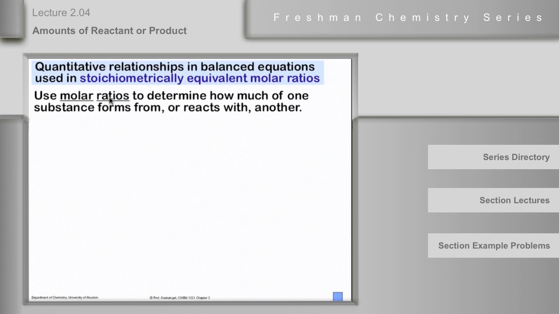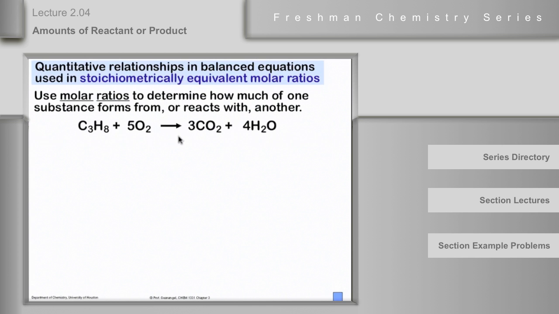We do this by using what are called stoichiometrically equivalent molar ratios, and those give us the quantitative relationship between molar amounts of reactants and products in a balanced chemical equation.